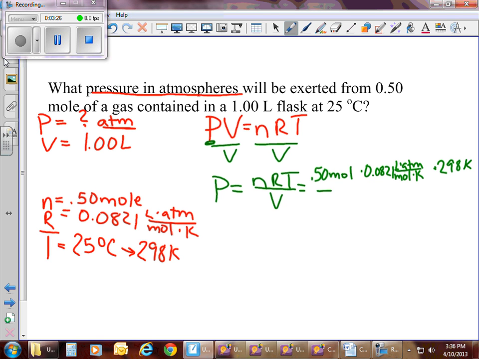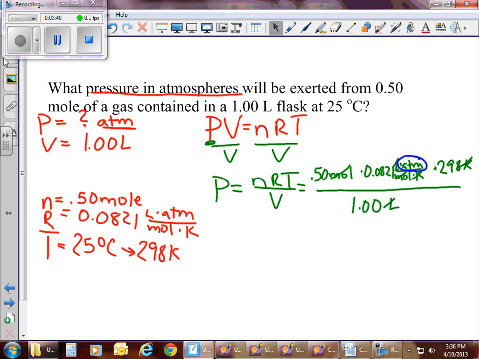Last thing, divided by our volume, which we know is 1 liter. Okay, so we look at this. Our units of moles cancel out. Liters cancel out. Kelvins cancel out. We are left in units of ATM, which is what I want.